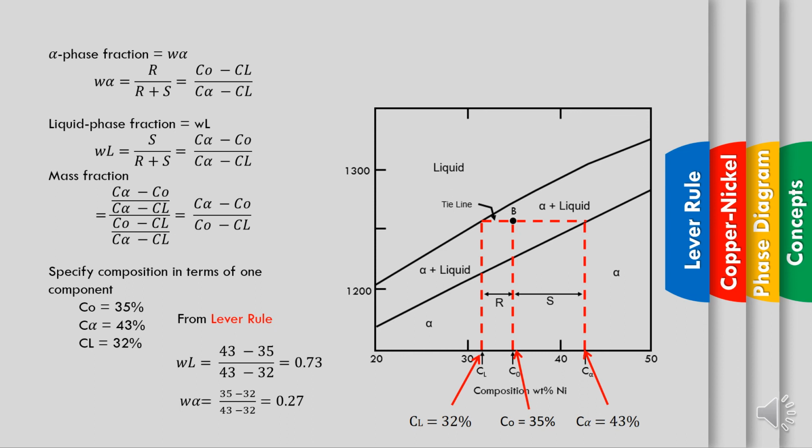The total in percentage will be 100%. So this is the way to get the amount of alpha and liquid fraction. By using the lever rule, we can identify the value of WL and W alpha. So I think from the given different phase diagrams, we will be able to get this value.